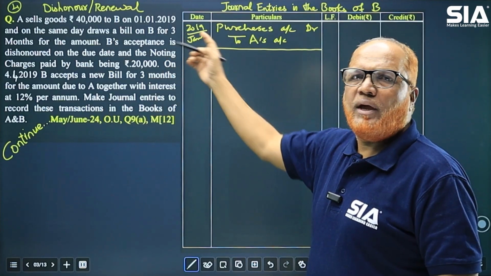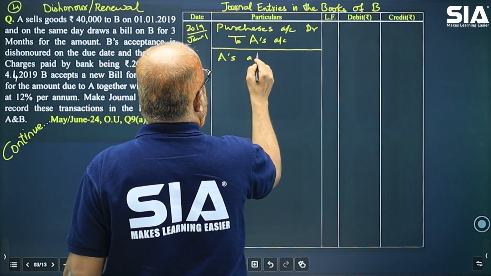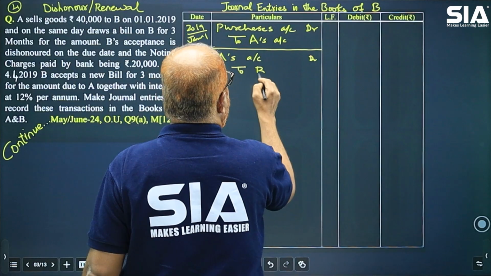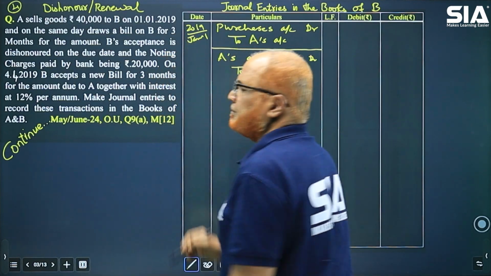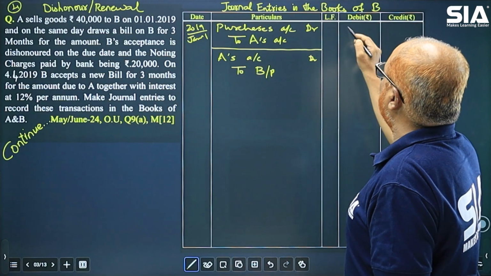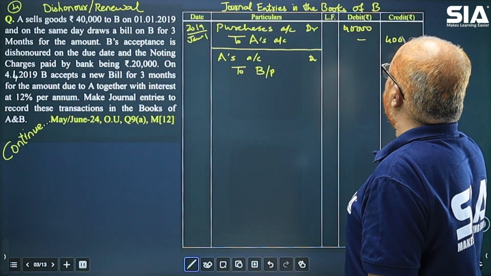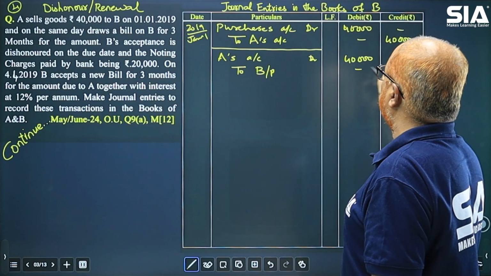Now debit will be given to A. So entry will be A's account debtor to bills payable account. The amount of the bill is 40,000. 40,000 worth of goods are purchased and the bill amount is also 40,000.